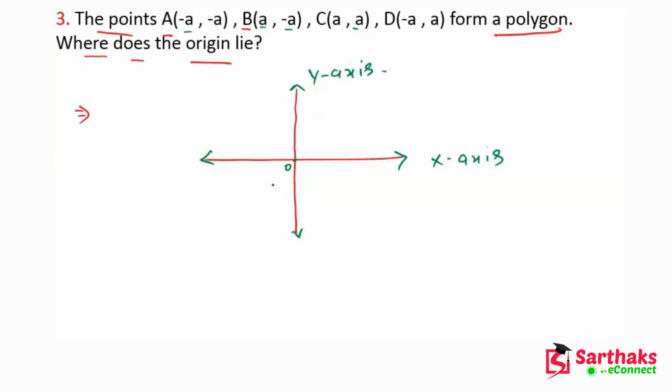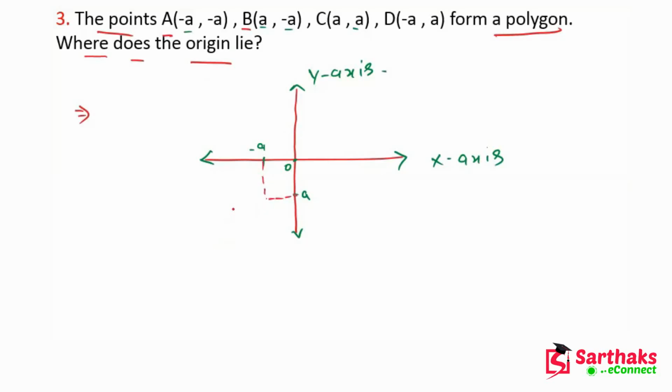Now if we plot the point A, it lies in the third quadrant. Let's suppose here is minus a and here is a. If you plot this point, it will lie here.